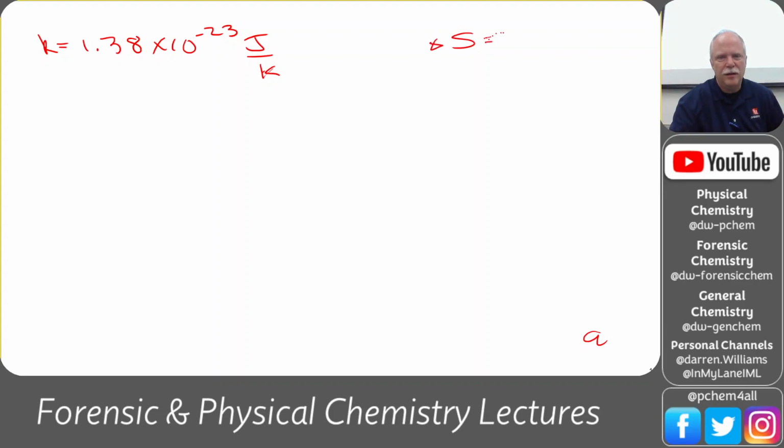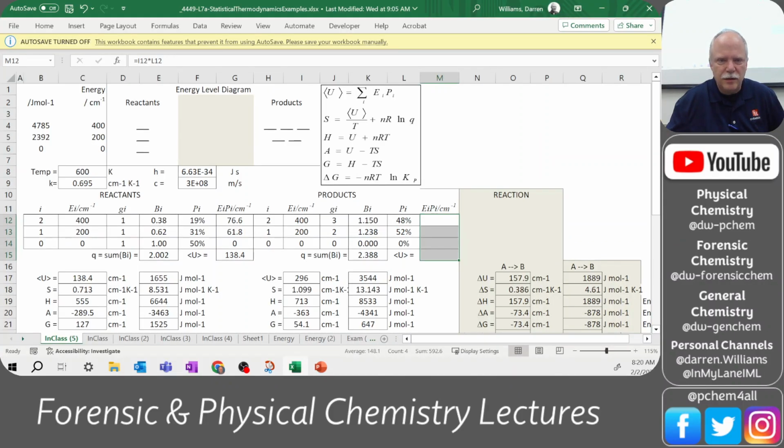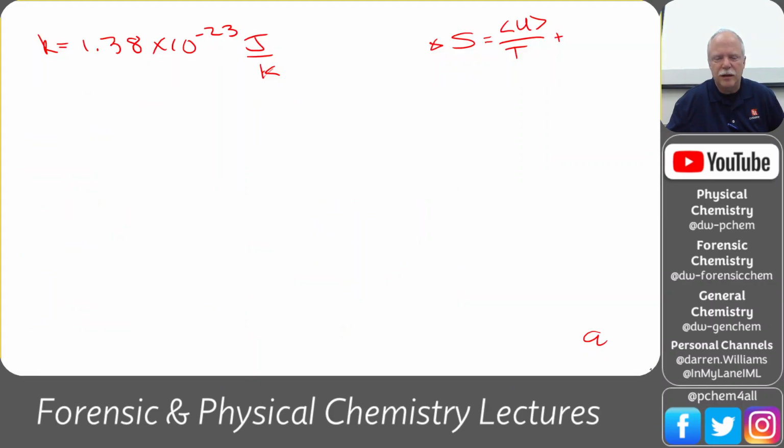Entropy is equal to the average internal energy over temperature. Is it plus? I can't remember. Look at the equation for me. Plus or minus. This is why you need a note card, right? So it's plus. Okay.